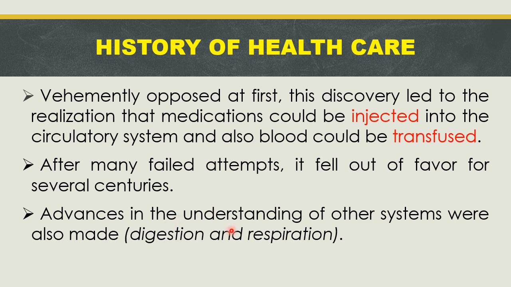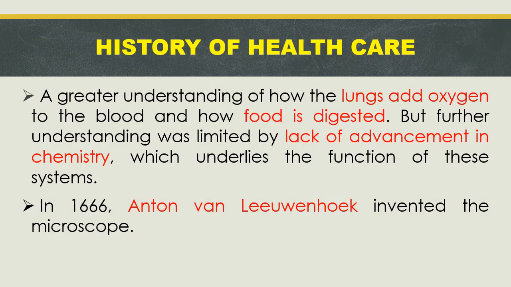Then advances in the understanding of other systems were also made, just like digestion and respiration. So a greater understanding of how the lungs add oxygen to the blood and how food is digested. But further understanding was limited by lack of advancement in chemistry, which underlies the function of these systems.